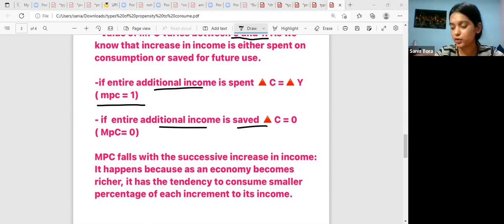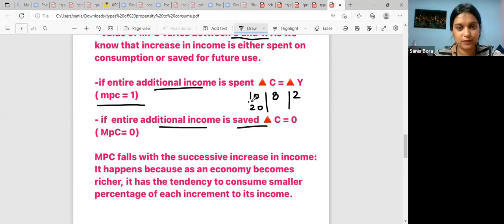So remember one thing, students. Whenever you get the word marginal, that means the addition, right? For example, earlier you were earning 10 rupees, but now your income is 20 rupees. At that moment, you were consuming 8 rupees and saving 2 rupees. But now there is an additional plus 10. Your income was 10, but now you got additional income, plus 10. So now your income is 20.